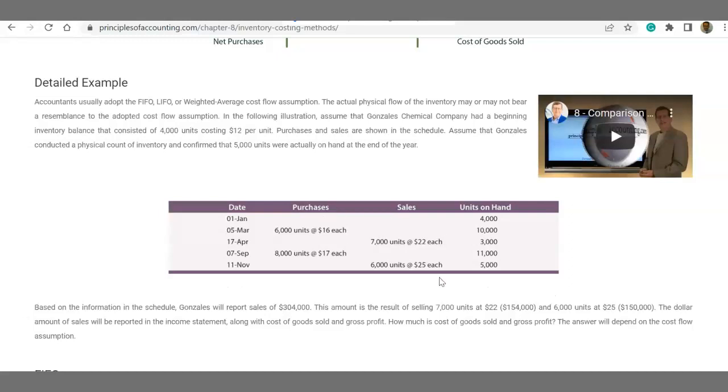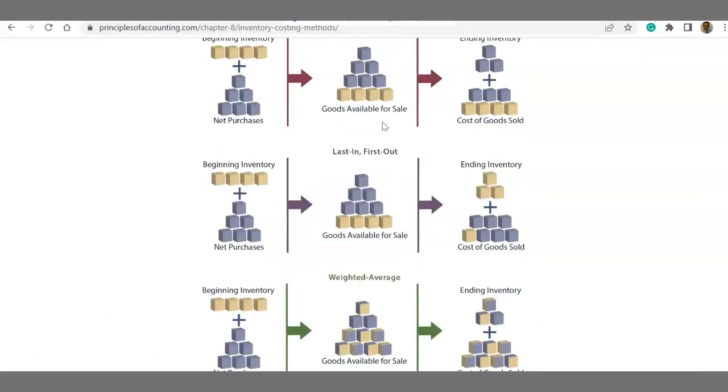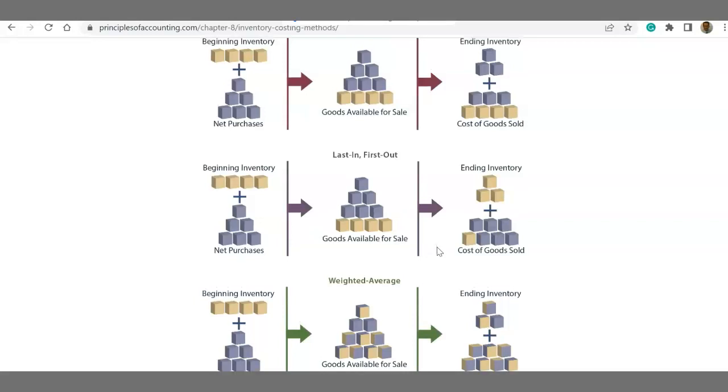So here there is a detailed example again for each one of them: FIFO, LIFO, and average. You can check and read those little examples, but I already explained the foundation of these three and the differences, and also the differences in regards to taxation and amount of income.